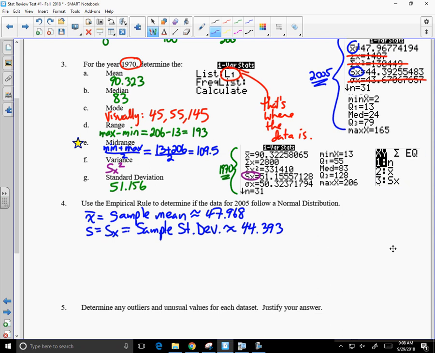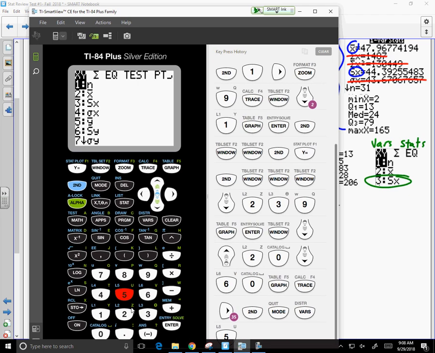So this is VARS, stats, and we want Sx. Once we select that, option 3, hit the power of 2, which is right next to the comma, the dedicated power of 2 button. You don't need to use the caret key. And then hit enter.